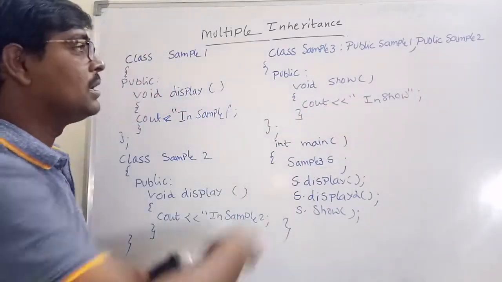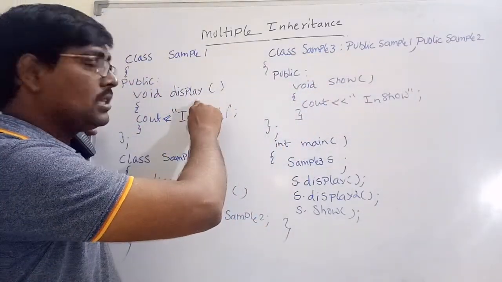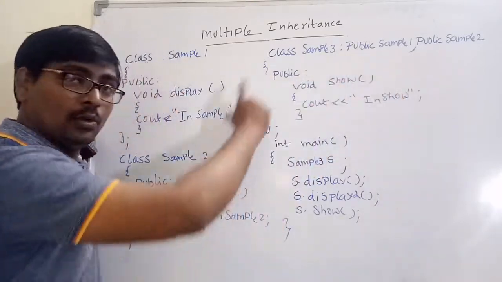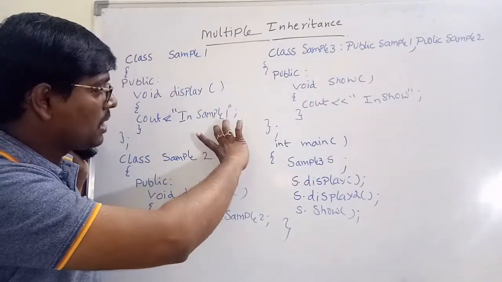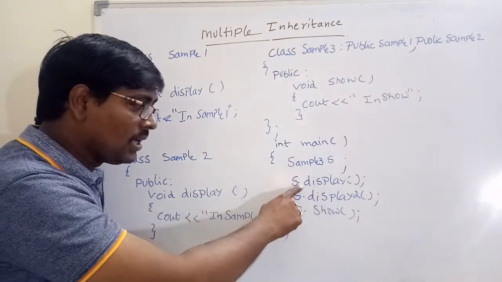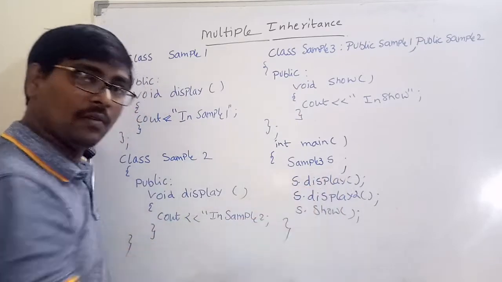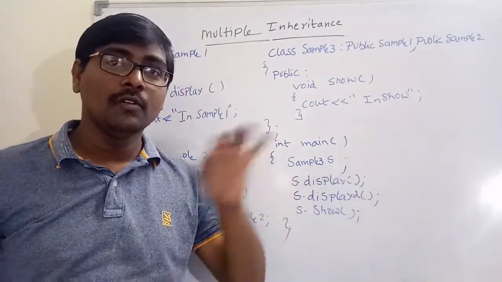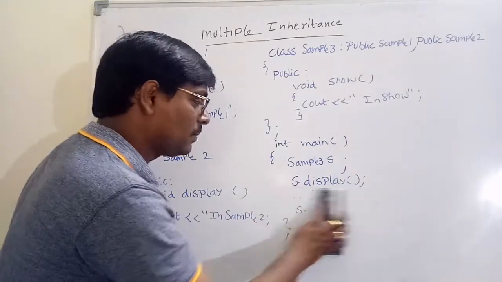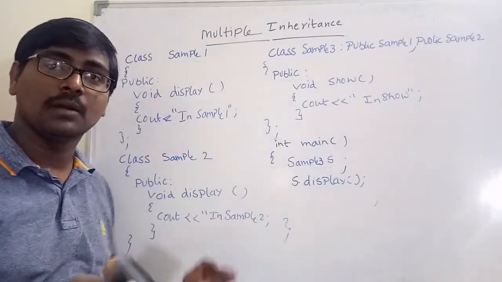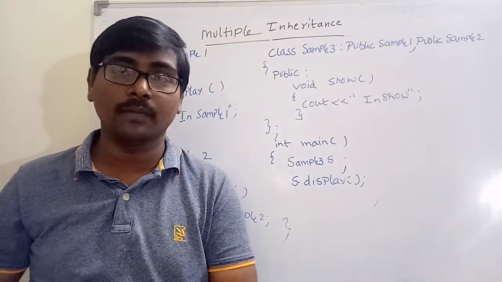That means sample 3 contains the sample 1 display method and the sample 2 display method. Both display methods are available in sample 3. Now I am creating an object and calling s.display. Which display function is called, sample 1 display or sample 2 display? That is completely an ambiguity.